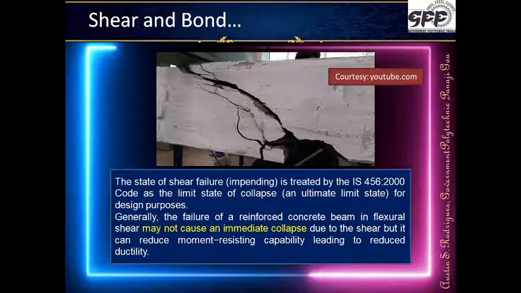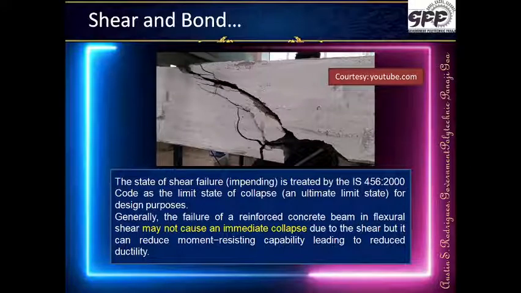Let us also understand that our code, the IS 456, treats shear in limit state of collapse. That means if something shears, it collapses. But let us understand that the failure of an RCC beam in flexural shear may not cause immediate collapse.